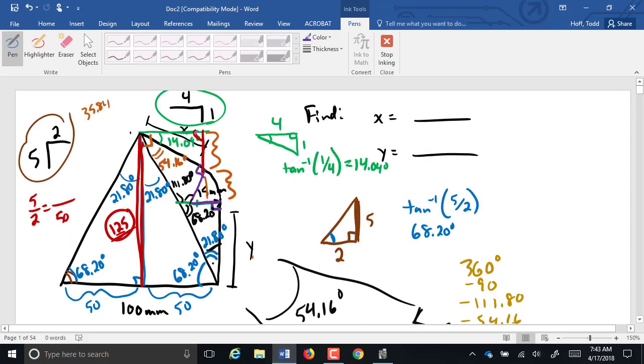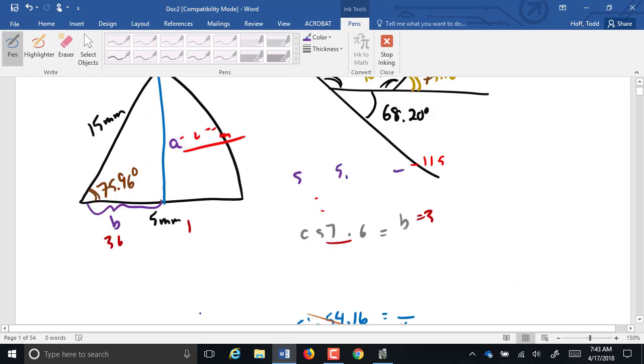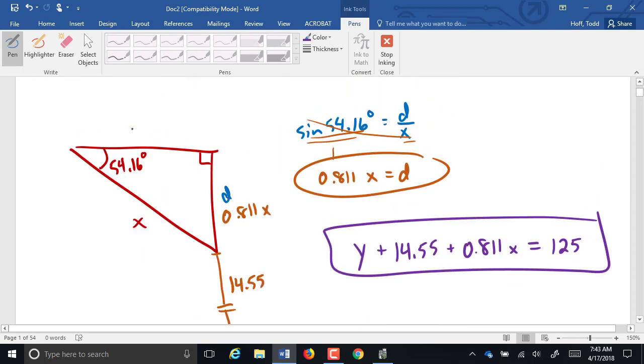Now, back up here. This piece plus this piece here has to add up to the 50. So let's find that piece. So I'm going to call this F up here. F has to do with the cosine.